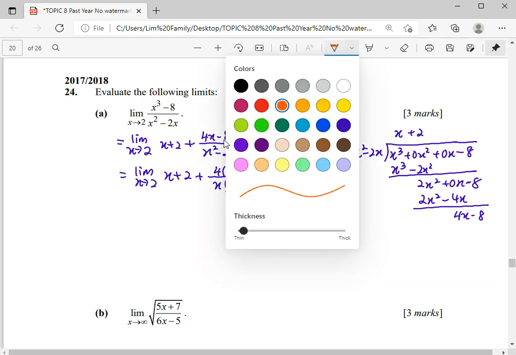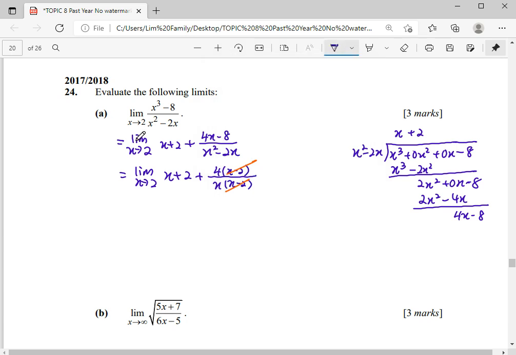As long as we haven't done the substitution of the value, our limit notation will be carried through until we finish our simplified function here. When we want to substitute, only then is the limit notation no longer needed. So we can try to substitute for x approaches 2: 2 plus 2, this is defined, and 4 divided by 2 is also defined, so we can get our answer already.